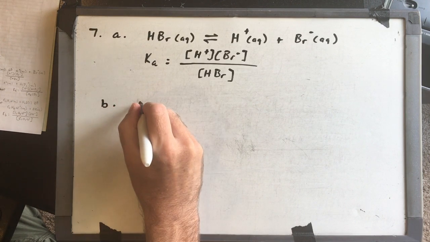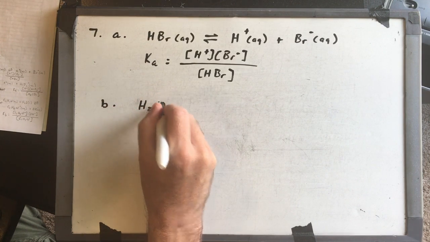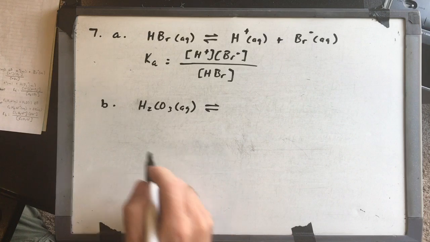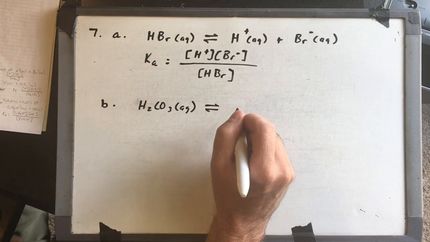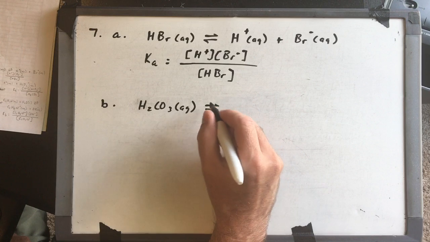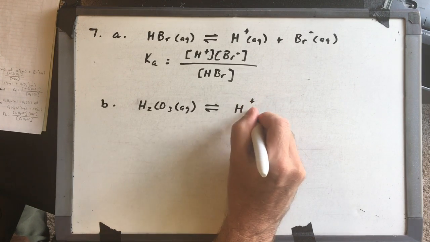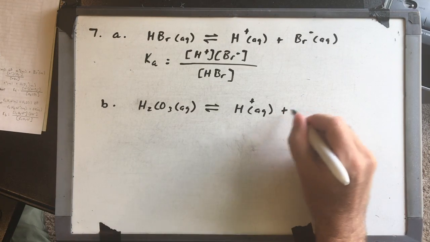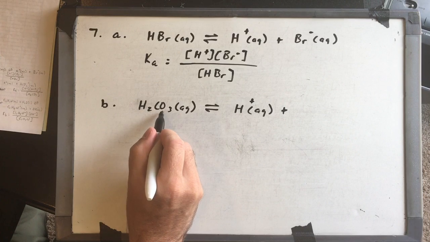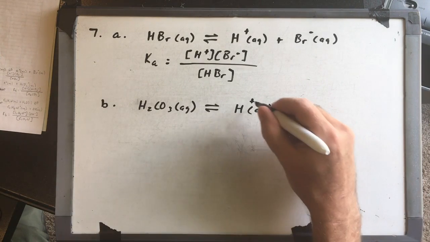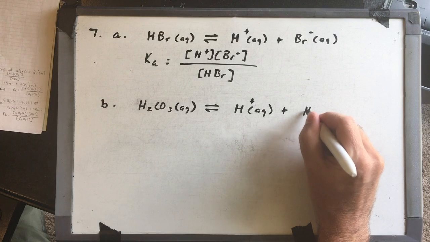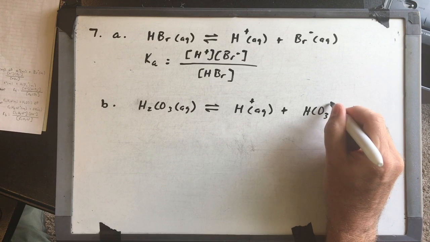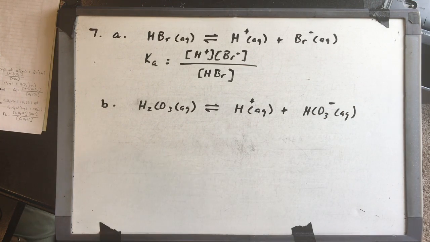on number 7 is H2CO3. All right, so that's going to split into, a lot of people miss this one, sometimes by just a little bit, sometimes by a lot, but it's going to split into a single hydrogen ion plus, so you reduce H2CO3 by 1, so you'd have H plus a proton plus HCO3, and when you take that proton away, it'll give this one a -1 charge.